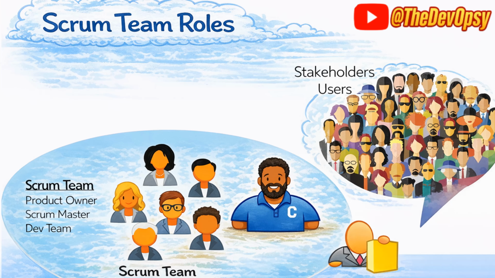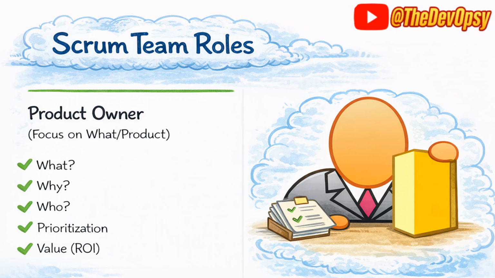Product owner. This is the role which you saw first in the previous slide. Focus on the what, or the product, right? So what, why, who, prioritization, value. Basically, he has to get the ROI of the project. So what is the product owner responsible for?